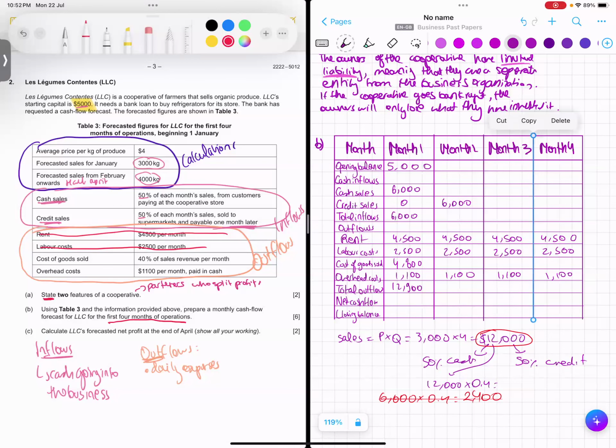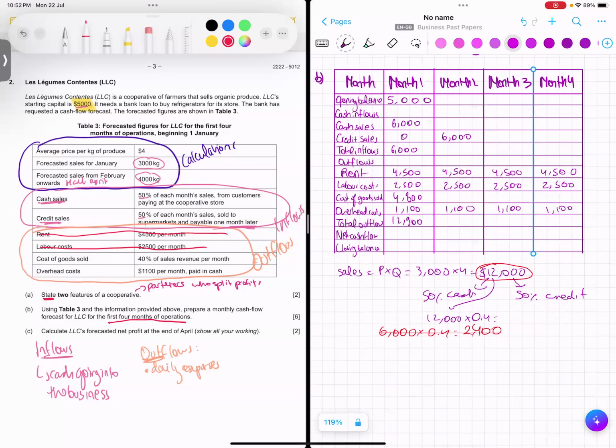So net cash flow. I'm going to write this in red: cash inflow minus cash outflow.